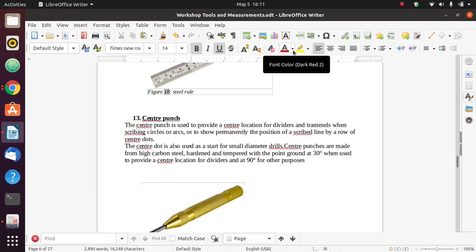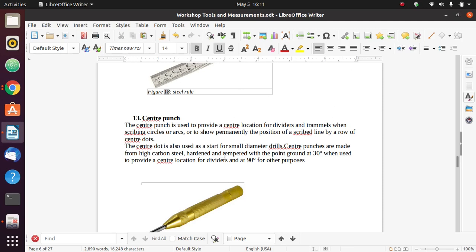It will be very difficult to remove them. Yeah. So you use them to mark the position of arcs and circles. And you also use it to show where you're going to start drilling.